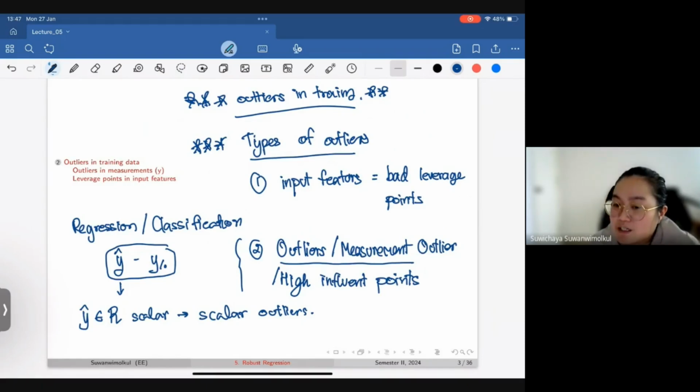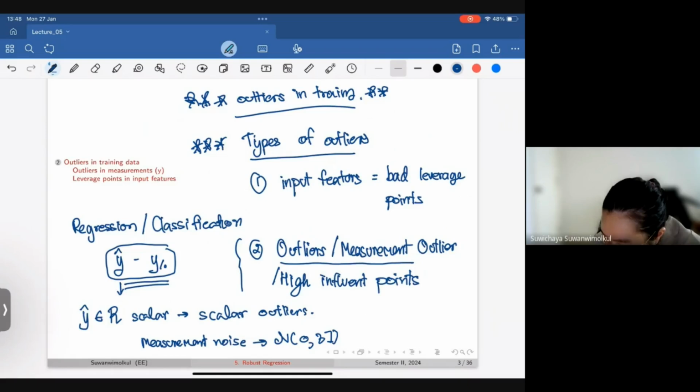However, the outliers are the ones that make the error between the two very big. That's when we call it outliers. This could mean that suppose the measurement noise is Gaussian.